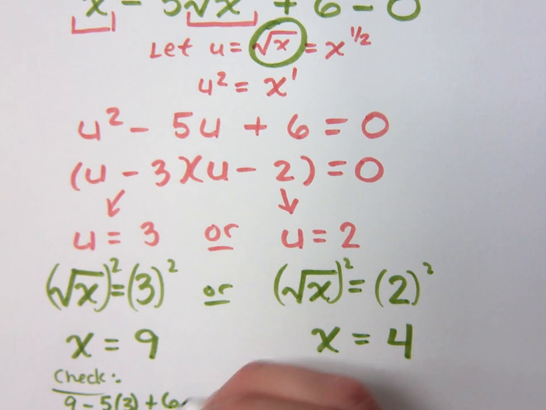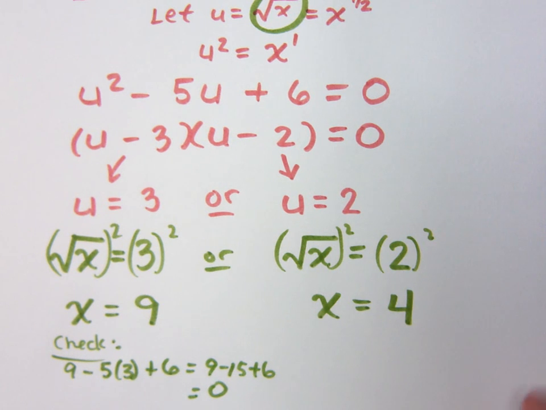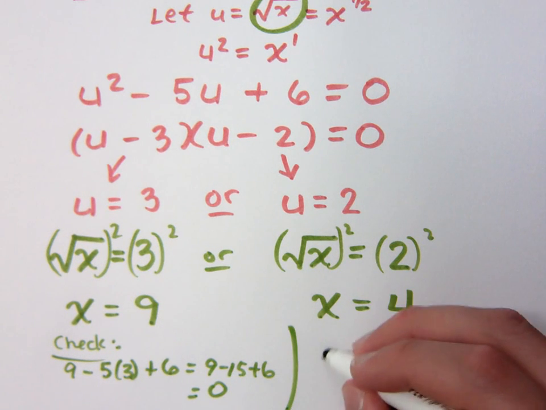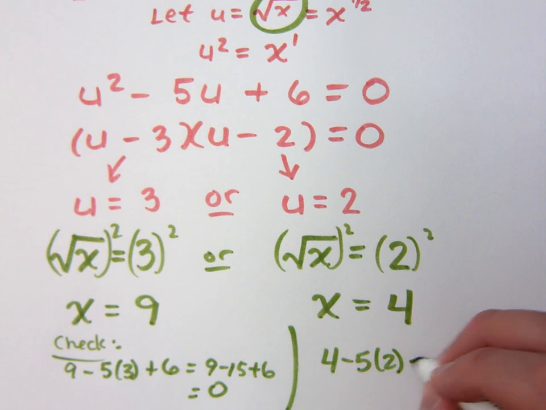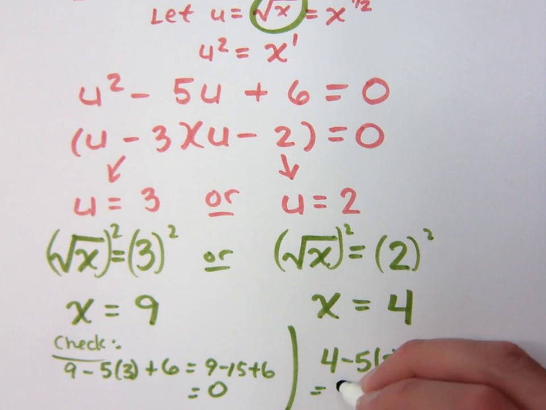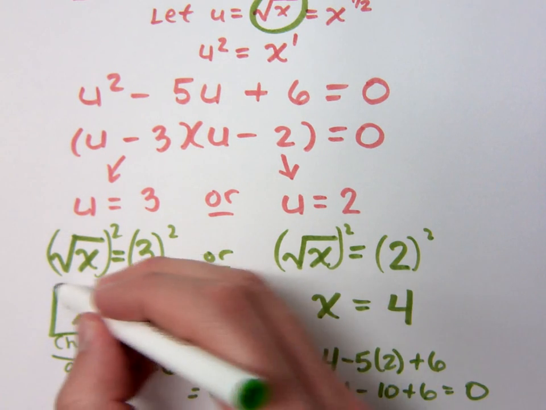Let's see, that's 9 minus 15 plus 6, which does equal 0. Okay, that checks out. If I plug in 4, I get 4 minus 5 times the square root of 4, which is 2. That works out. 4 minus 10 plus 6 is 0. Both of these answers check out.